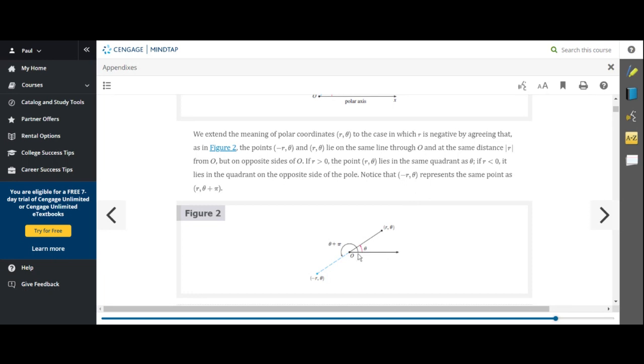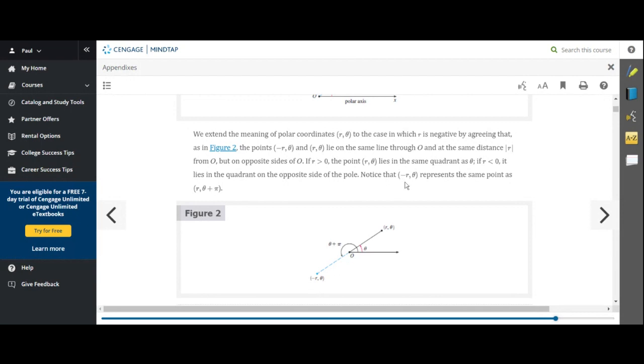Because if you move out an angle theta plus pi, and then look in the direction of theta plus pi, so pretend you're at the origin, looking in the direction of theta plus pi. Well, if you move forward a positive distance r, that's going to get you to the same point as negative r, theta.